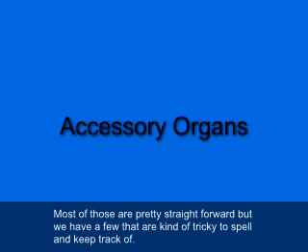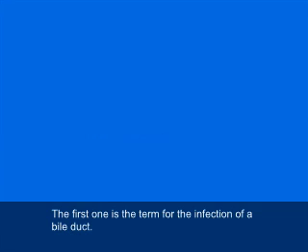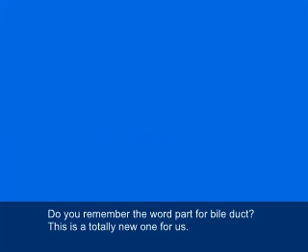Okay, and finally, we have some terms relating to the accessory organs. Most of those are pretty straightforward, but we've got a few that are kind of tricky to spell and keep track of. The first one is a term for the infection of a bile duct. Do you remember the word part for bile duct? This is a totally new one for us.